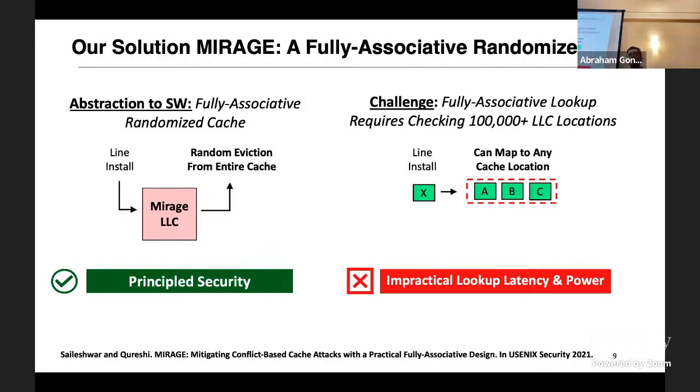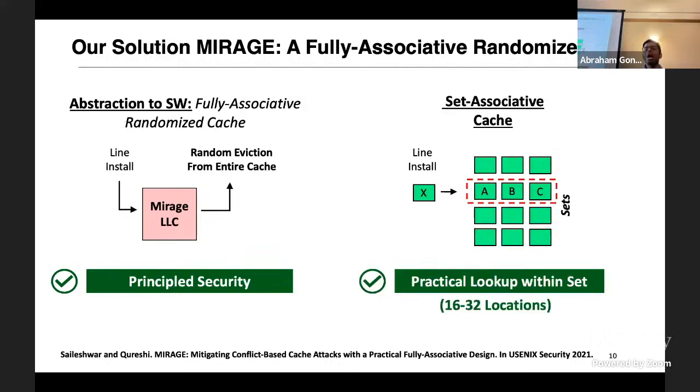And this means now that lookup can have impractical latency and power. It might be even slower than just going to DRAM, right? So clearly, fully associative lookups are a big challenge. But traditionally, we have set associative lookups, right?